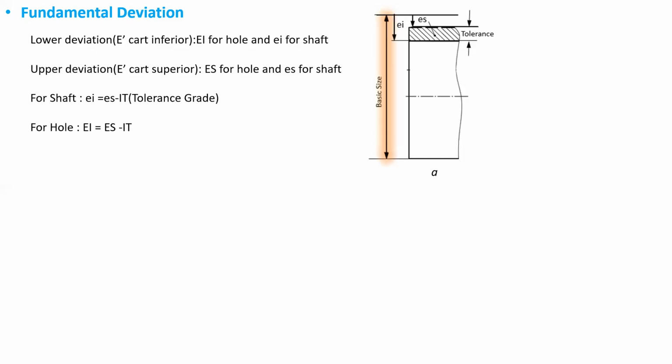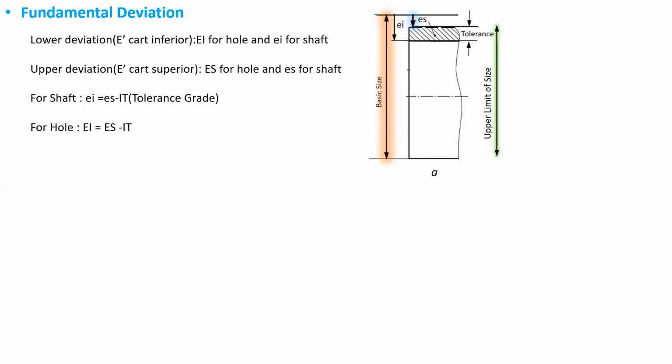So let's take the example of figure A, which is representing a shaft. For shaft A, the upper deviation es, as shown in the figure, will be the fundamental deviation as it is the deviation nearer to the basic size. And the upper limit of size, that is the maximum size of the shaft, is smaller than the basic size.